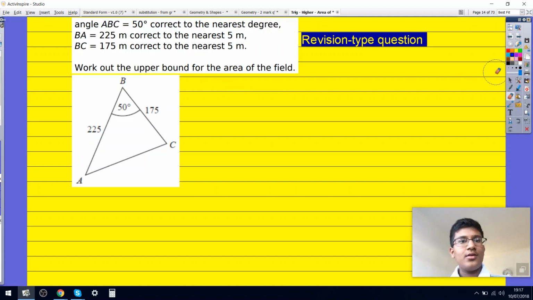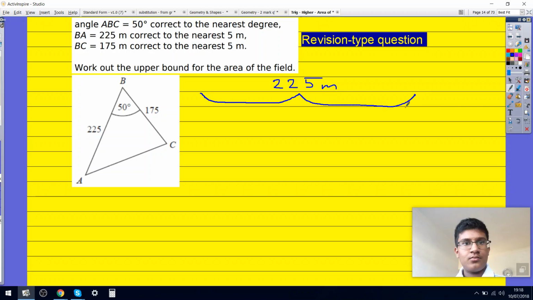Okay, right. And the way upper and lower bound always works, if you've got 225 is what it was rounded to, basically there's half of it that it could have been halfway below or halfway above. And so you always half the degree of accuracy, in this case 5 meters.